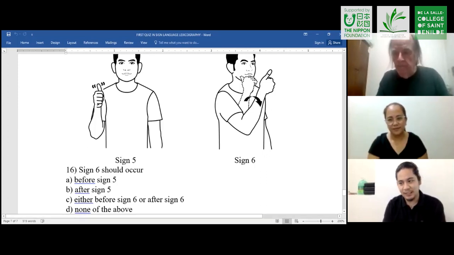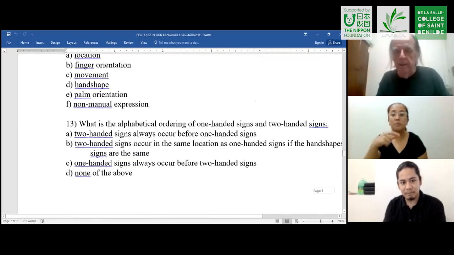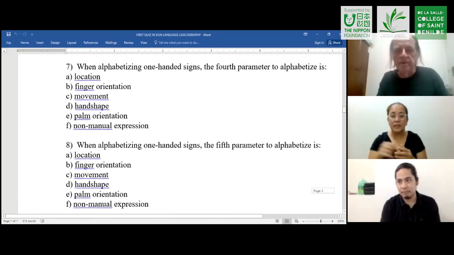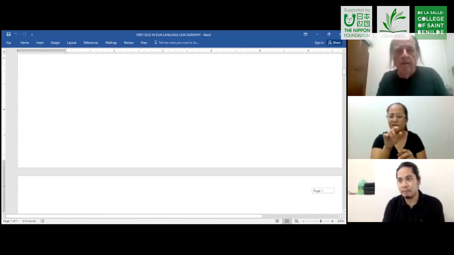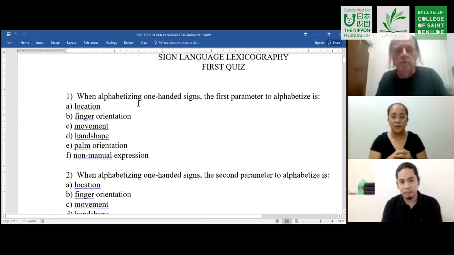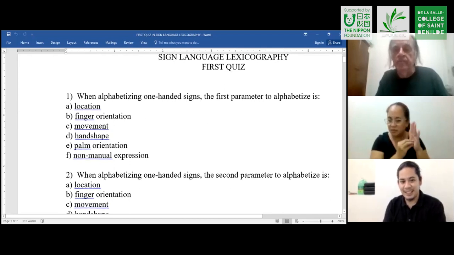Okay, so what I'm going to do on the midterm is it'll be the same kinds of questions. But instead of asking, when alphabetizing one-handed signs, the first parameter to alphabetize is handshape, we won't ask that question.